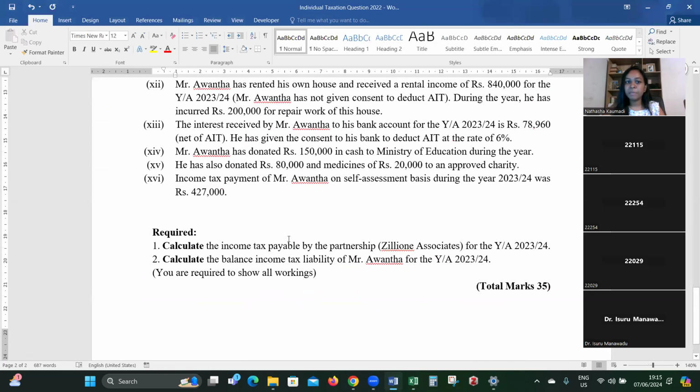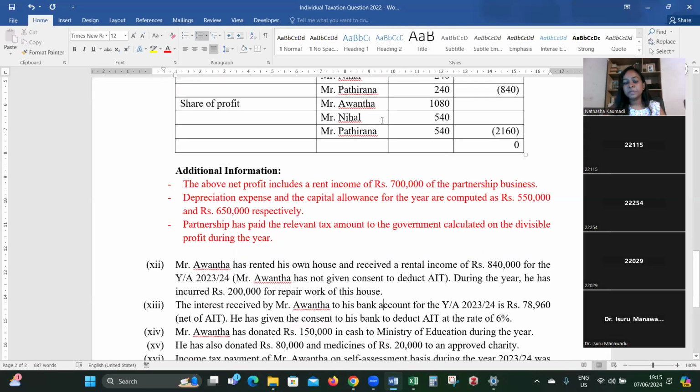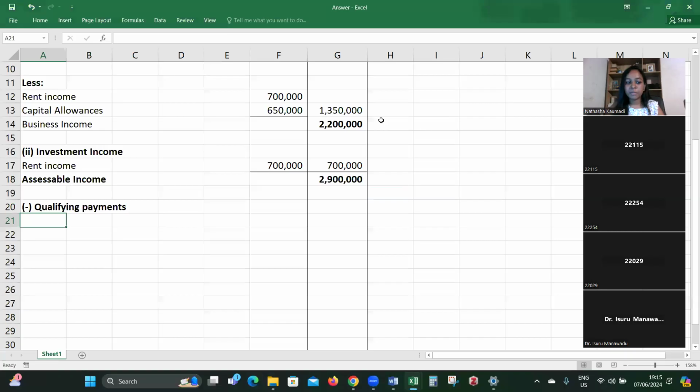We have qualifying payments in the question. Those are Mr. Avantha's donations, right? Those are coming under the individual taxation part. Related to the partnership, the partnership has not done any donation. So we don't have qualifying payments for the partnership. So it's really important to understand those things, right? Even though we have qualifying payments in the question, those are not related to the partnership.